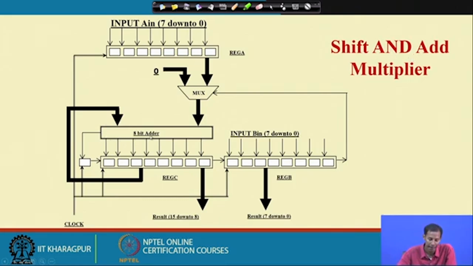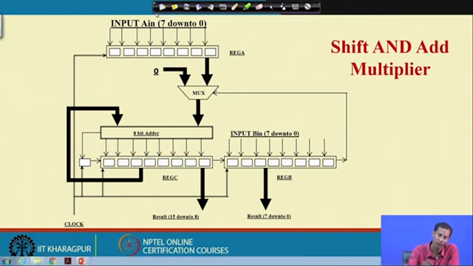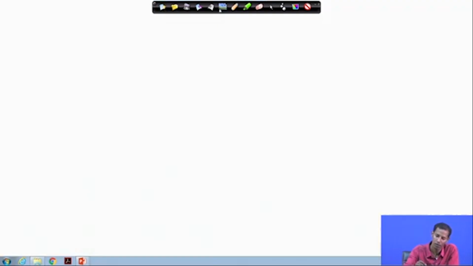After the addition, the sum will be stored in this particular register. Now, what do I need to add? Suppose I have to do A times B, where A is 8 bit and B is 8 bit.